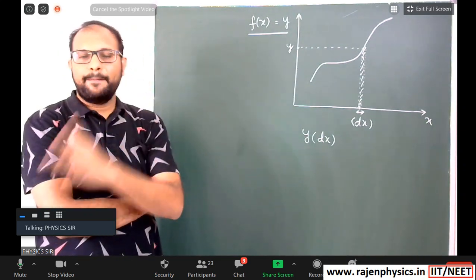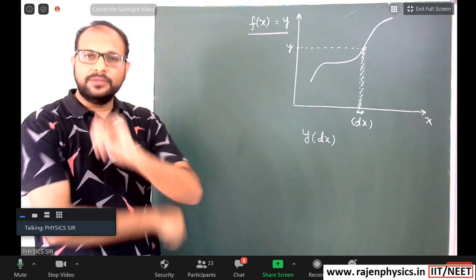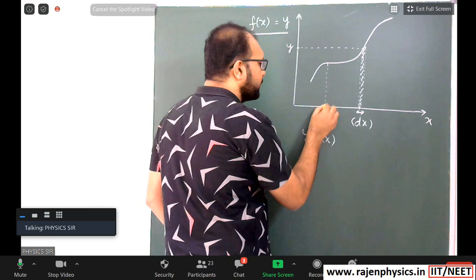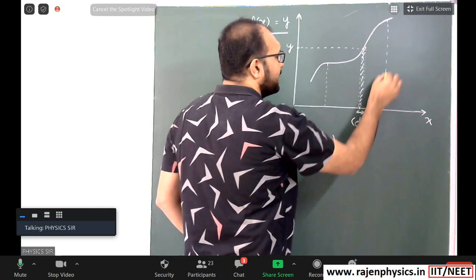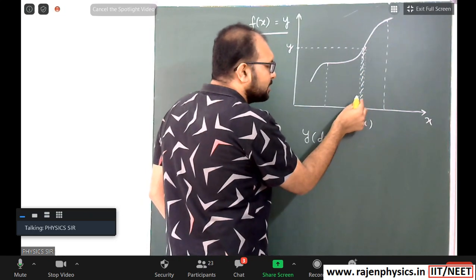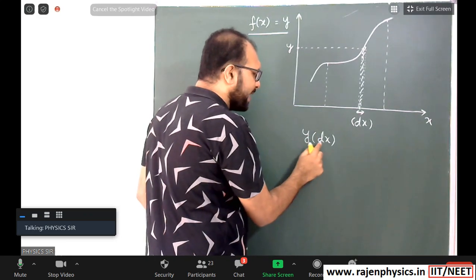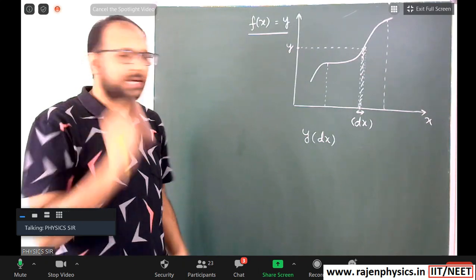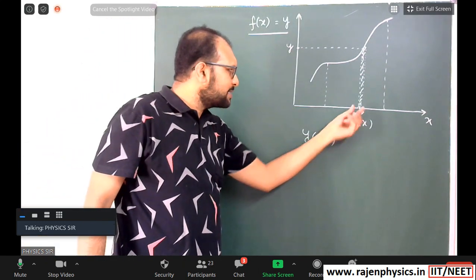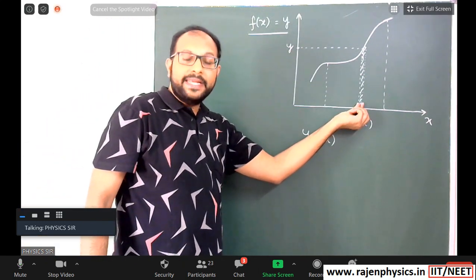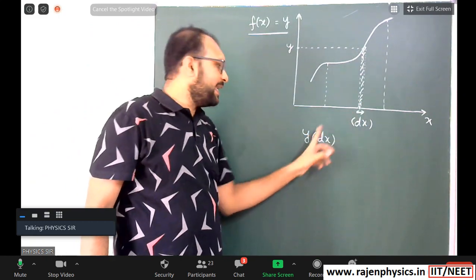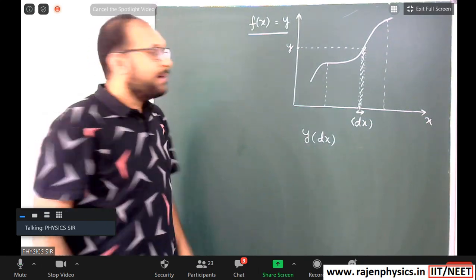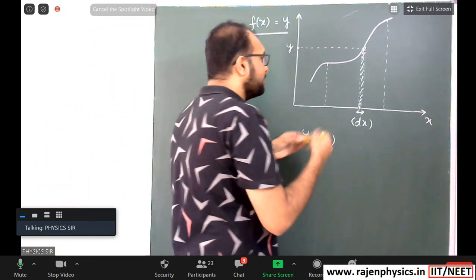This is the area. Just this small area is y dx. It is infinitesimally small, though for clarity I have drawn some distance. That area is dA equal to y into dx. But now we need the area under this graph.